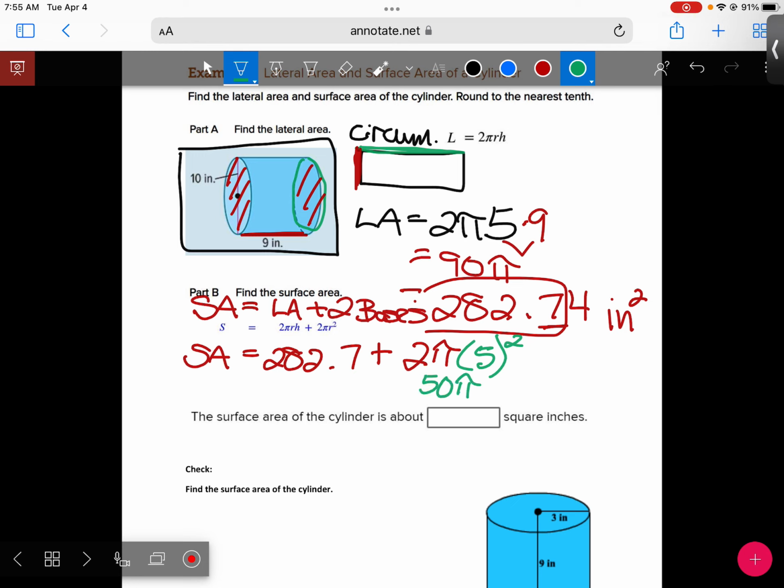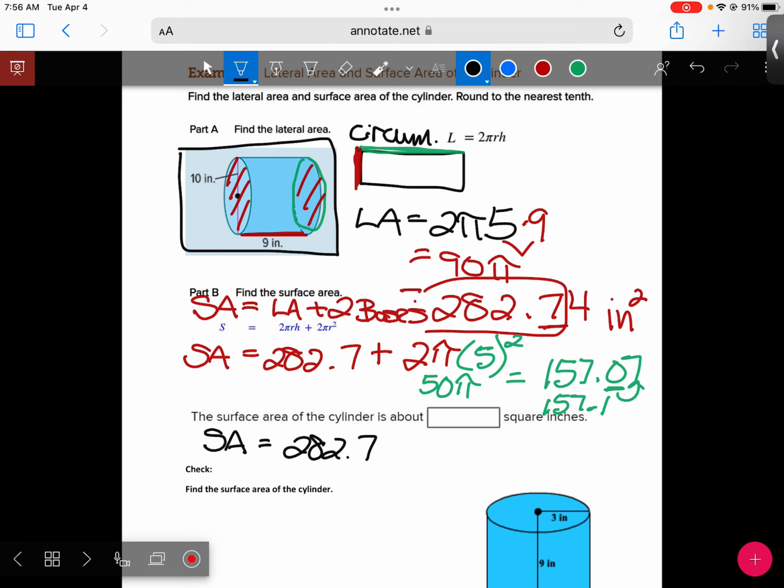And if you take 50 times pi, you're going to get, I got 157.07. If I round that to the nearest tenths place, that is 5 or higher, so it's going to be 157.1. So surface area, I'm putting this underneath, is 282.7.